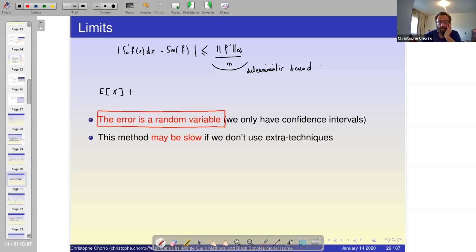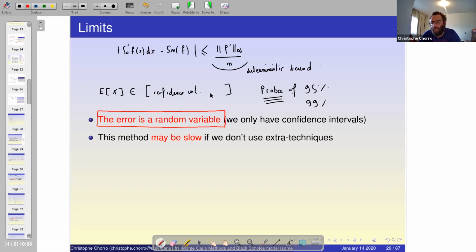In the case of the central limit theorem, the expectation belongs to a confidence interval with a probability that may be big, 95 or 99 percent as you want, but it's only a probability. If you are unlucky, you may be outside the confidence interval.